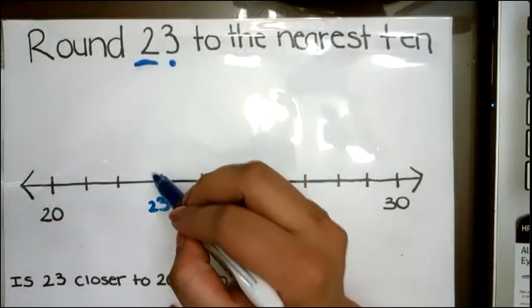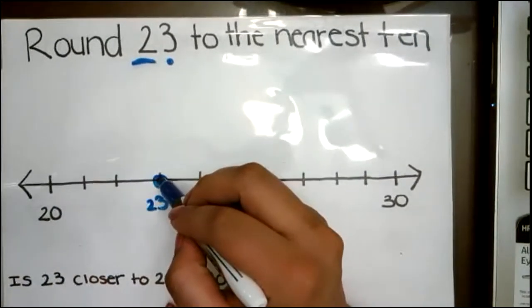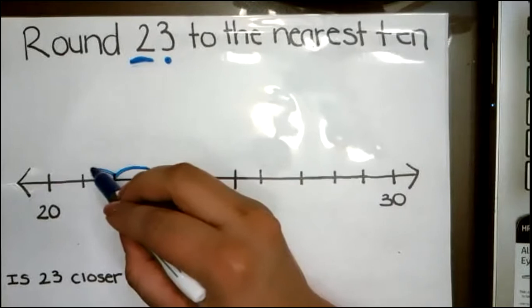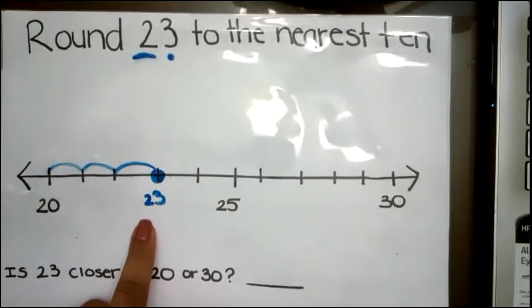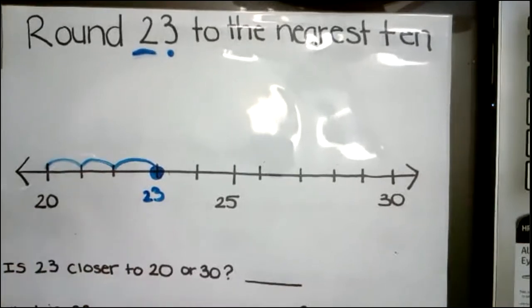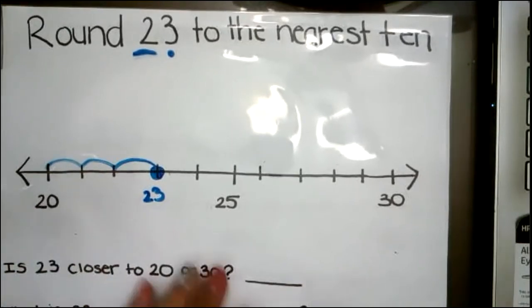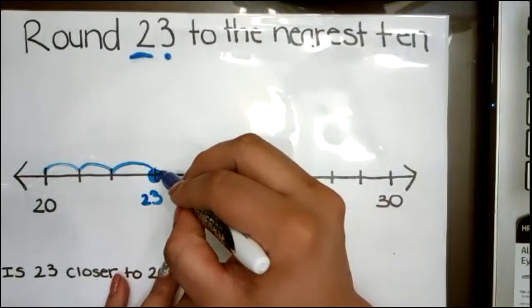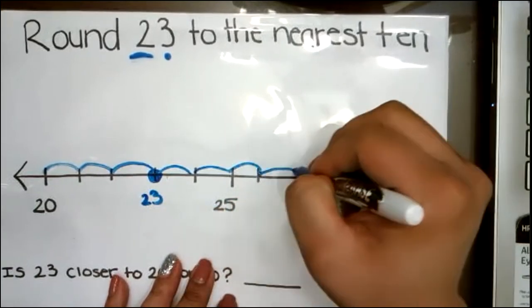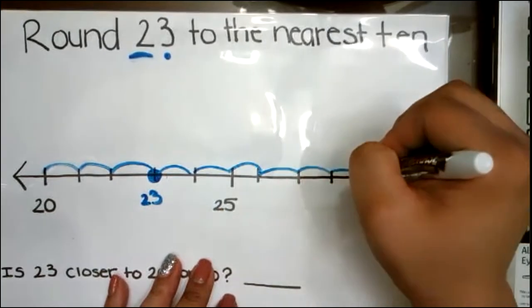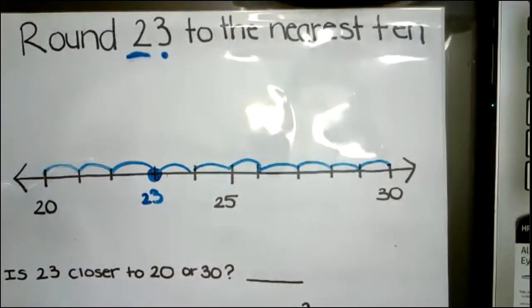Let's see how many hops it takes to get to the number 20. 1, 2, 3. So it only takes 3 hops to get to 20. Let's see how many hops it takes to get to 30. 1, 2, 3, 4, 5, 6, 7.